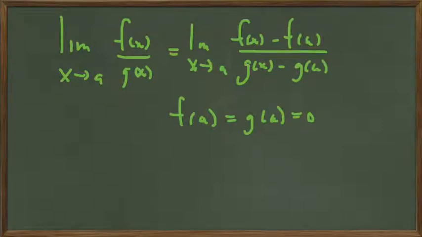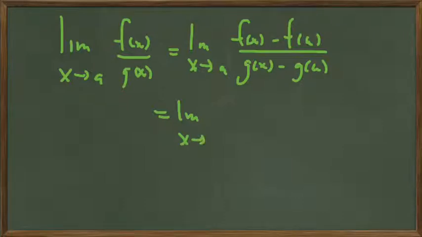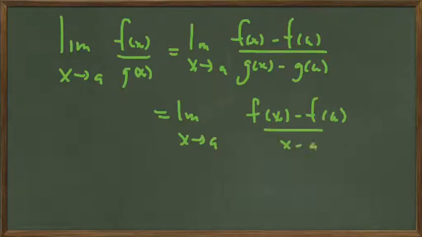And so then what we're going to do next is divide the numerator and denominator by the same thing, and that is going to be x minus a, so it's f of x minus f of a over x minus a, divided by g of x minus g of a over x minus a.